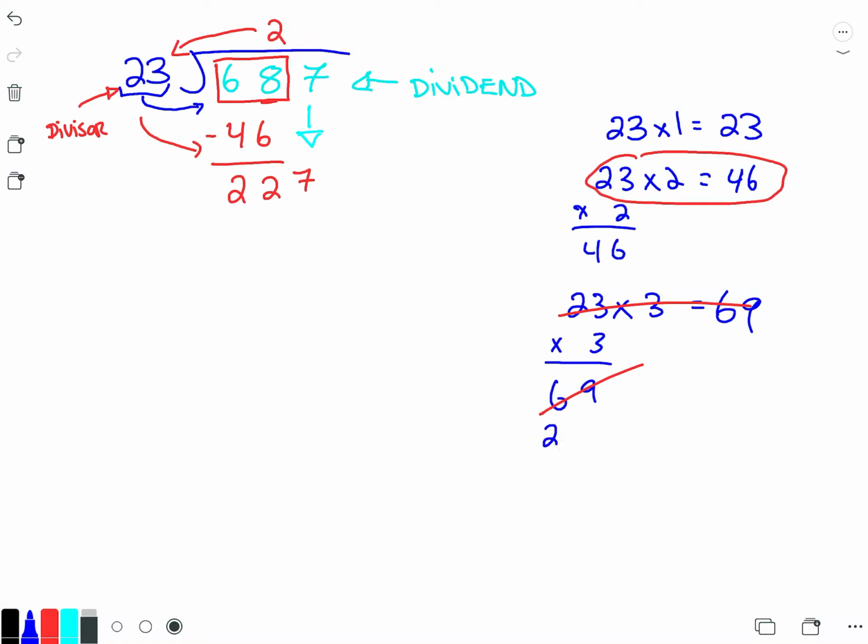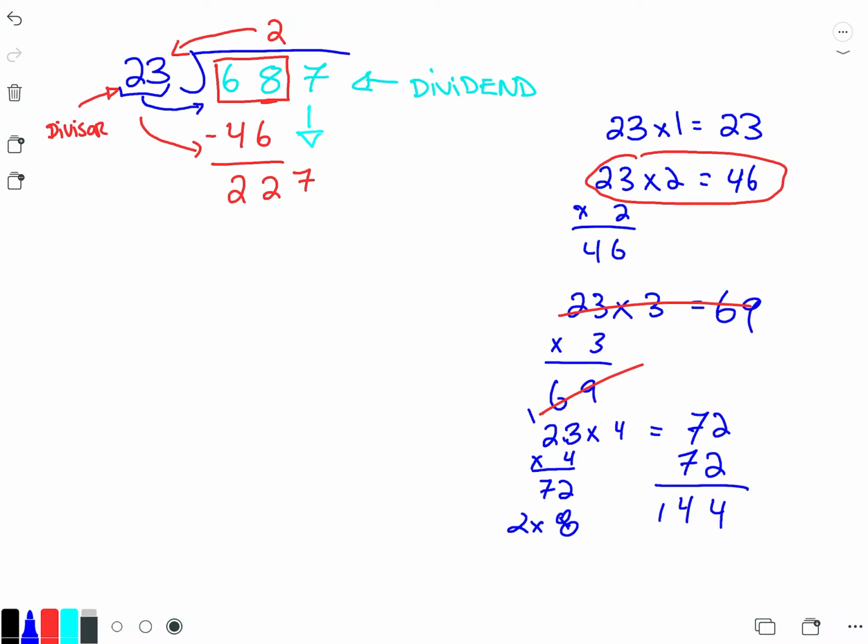We know 23 times 3 is 69. 23 times 4 is, 4 times 3 is 12, 4 times 2 is 8, 8 plus 1 is 9, so 92. Not there yet. I know I can do 92 twice, because that would be times 8. Let's see if we can skip some stuff. So 92 twice: 2, 2, 4, 9, 9, 18, 184. Oh boy, I still have quite a ways to go.